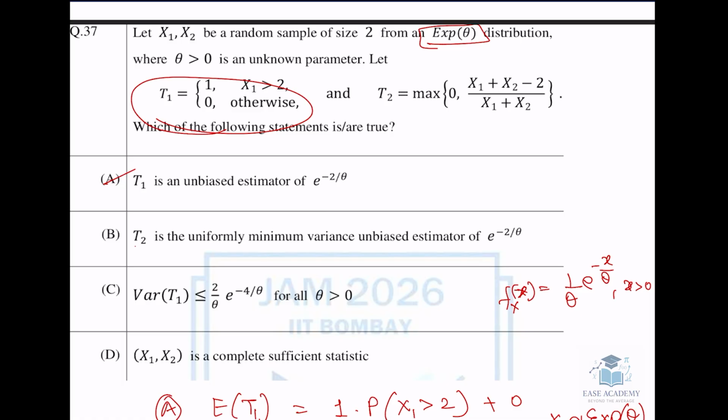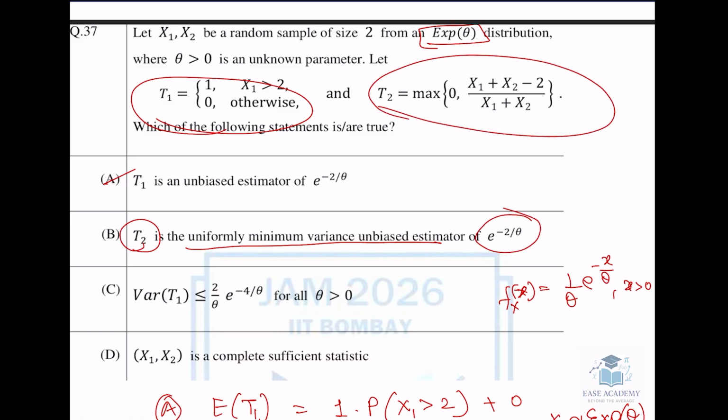Now we have to check whether T2 is the UMVUE of e to the power minus 2 by theta, and T2 is defined as this. By definition, a UMVUE is an estimator, a function of the random sample, that is a statistic which is a function of a complete sufficient statistic and an unbiased estimator of the parameter, that is e to the power minus 2 by theta.